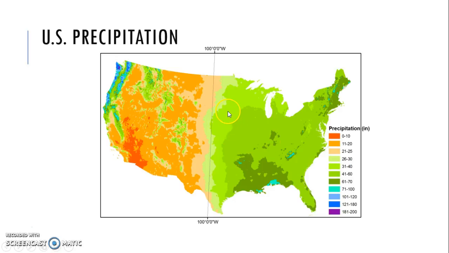Well, that's enough precipitation to support agriculture without irrigation. Once you drop below that, below 25 inches, then it gets too dry to have agriculture without irrigation. So in these arid west areas, you need irrigation, and there's not a lot of water.